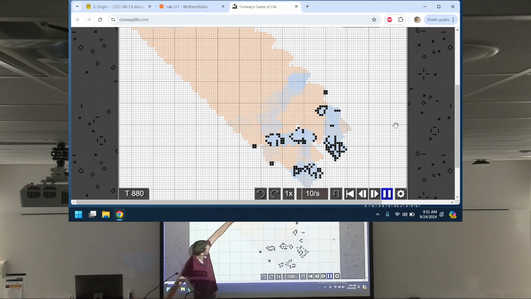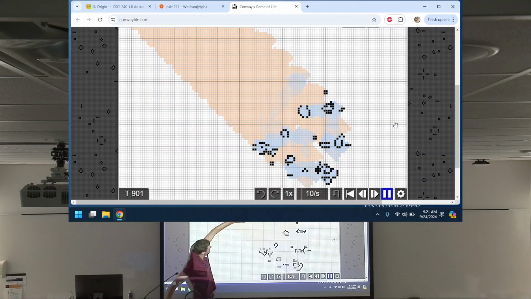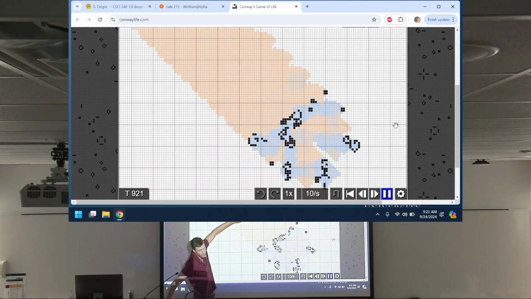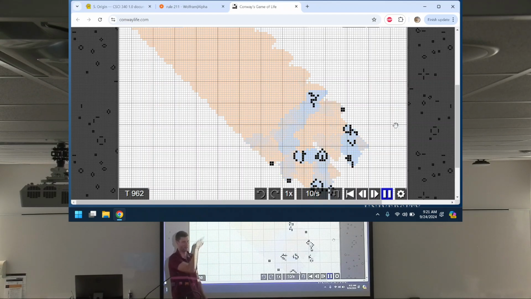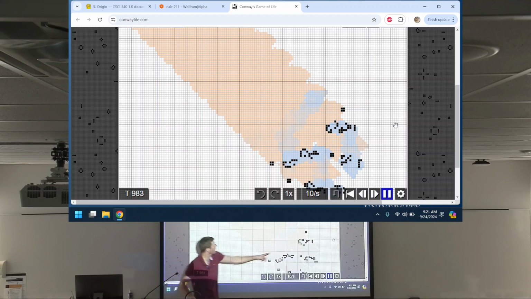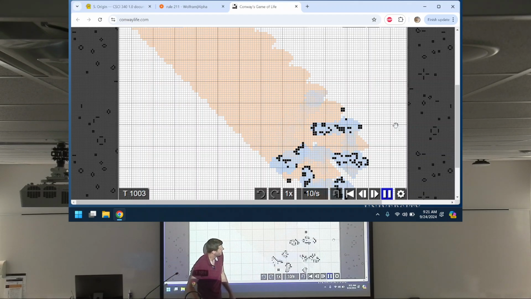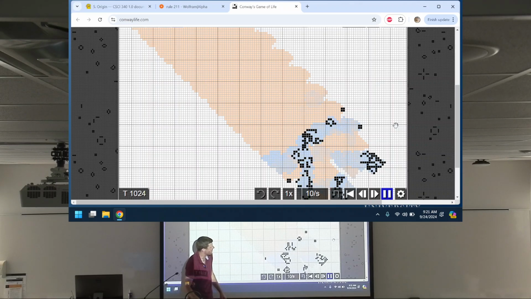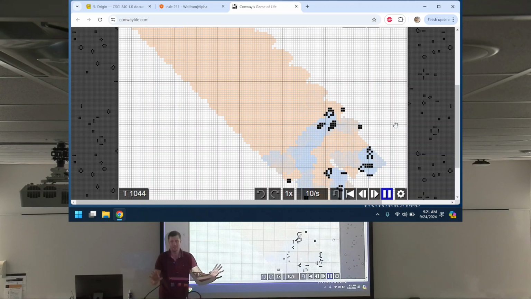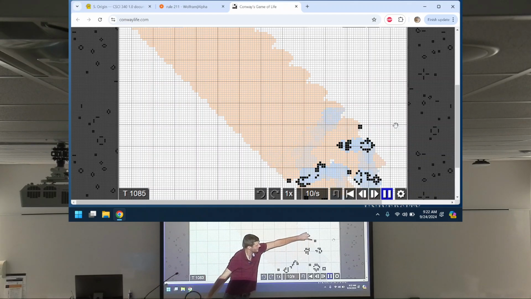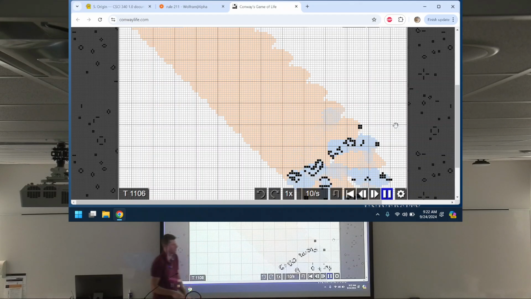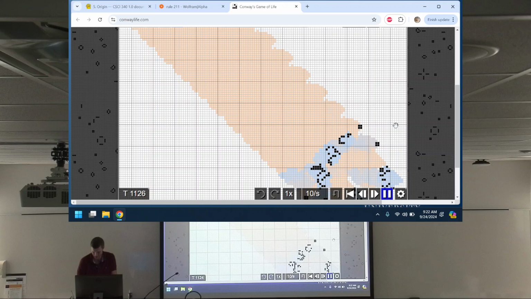If you ever end up with exactly 3 in a row, what will happen is each generation it just spins, right? It'll go 3 up, and then 3 this way, and so on, over and over and over. There's one. Oh, and it died. It's metastable, meaning if it's left alone, it doesn't change, it just keeps doing its thing. So stable is in the sense that it's not changing, and metastable is sure it's changing, but it's not really.